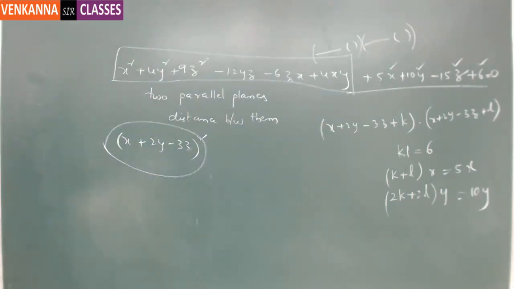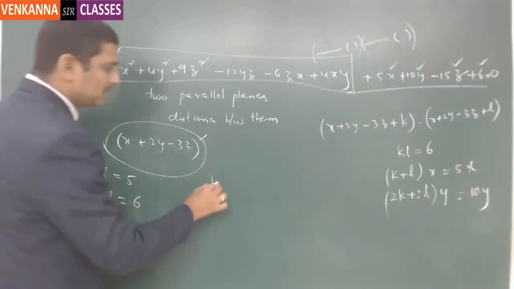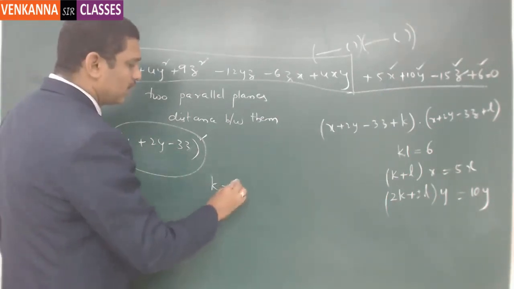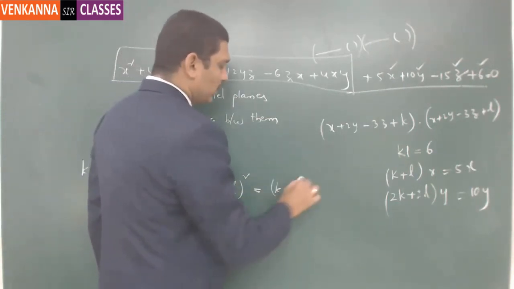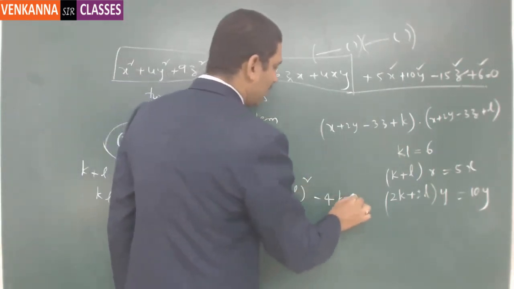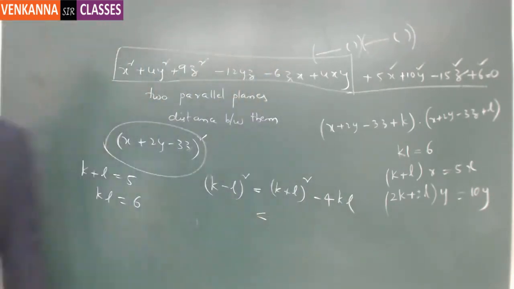So, you are going to get k plus L is equal to 5, KL is equal to 6. Now, you have a formula that k minus L whole square is equal to k plus L whole square minus 4KL. Substituting the values here, you will get the respective value for k minus L whole square.